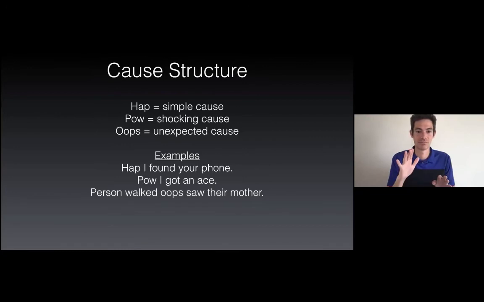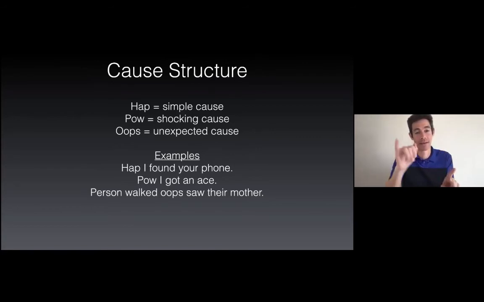Now moving on to happen or cause structure. First, you have hap, which means happen, but I'm condensing it to hap for the same reason as the others. I didn't want you to confuse it with the English word.